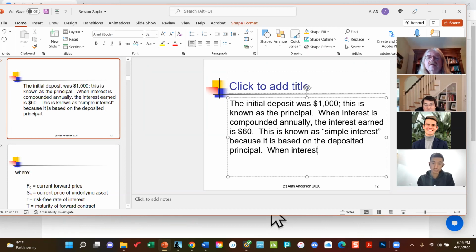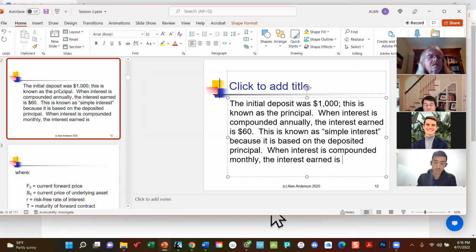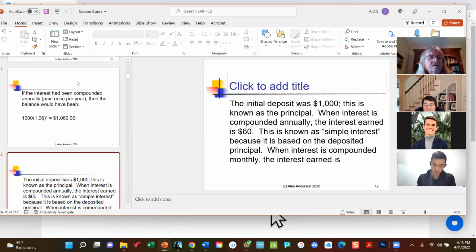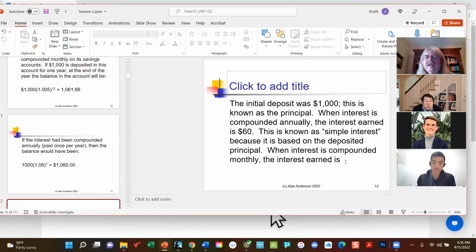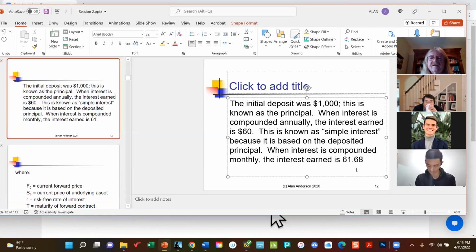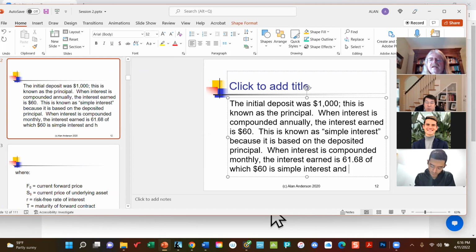When interest is compounded monthly, the interest earned is $61.68, of which $60 is simple interest, and the remaining $1.68 is compound interest.